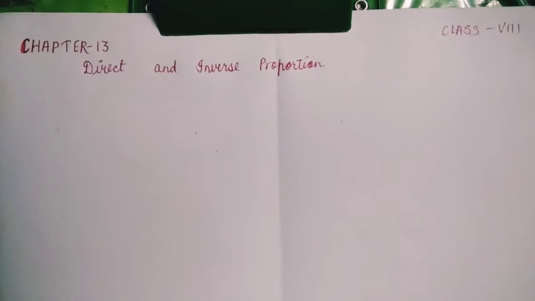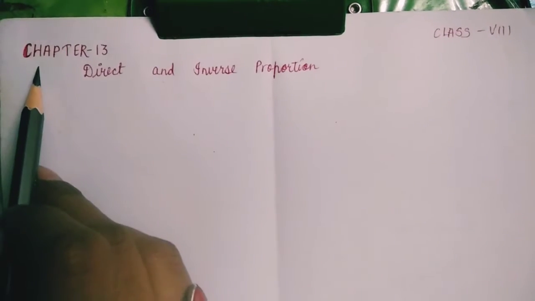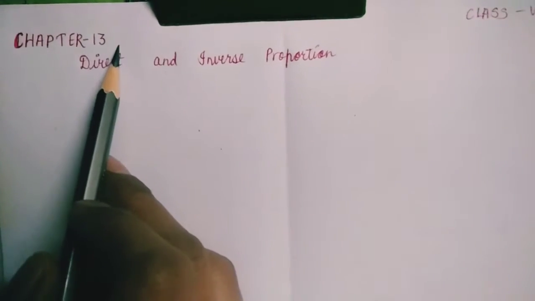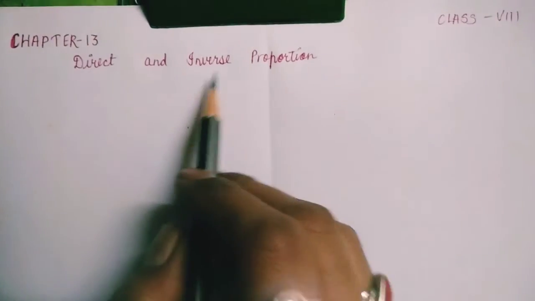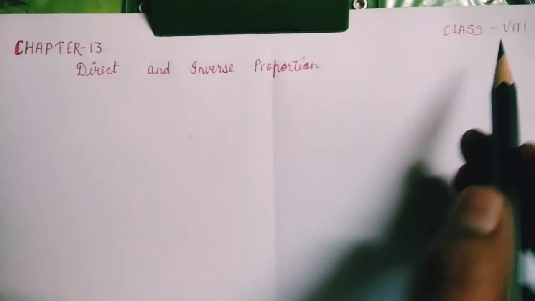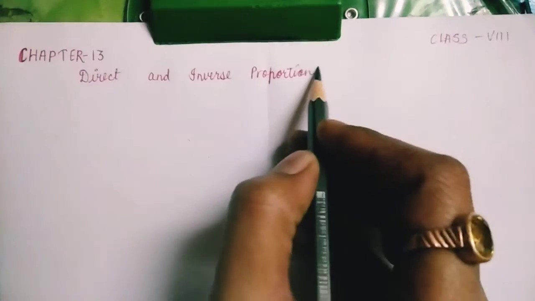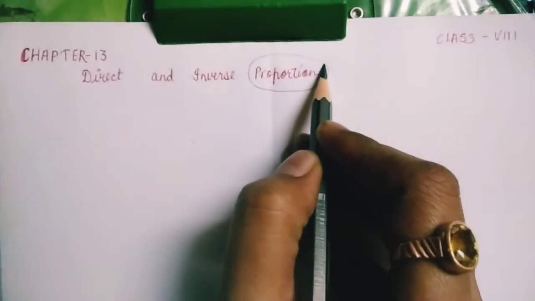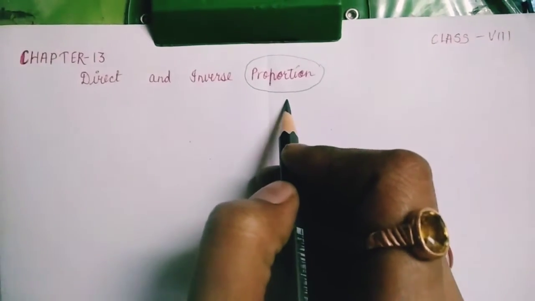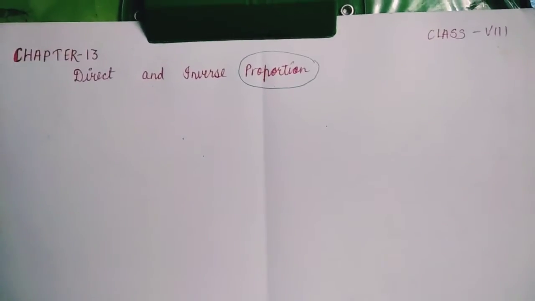In this video, we will see the introduction of chapter number 13, which is direct and inverse proportion of class 8th. You can see here we had a name, proportion, which we saw in previous classes.